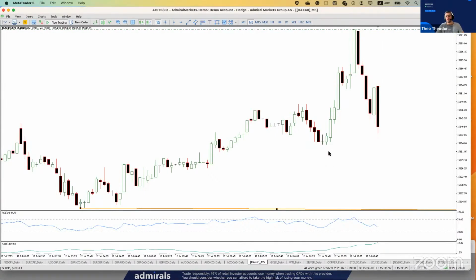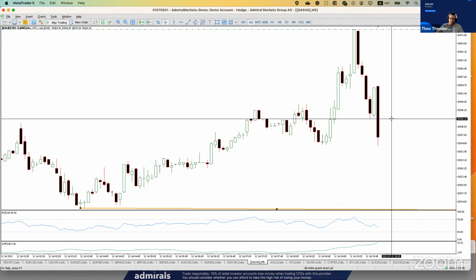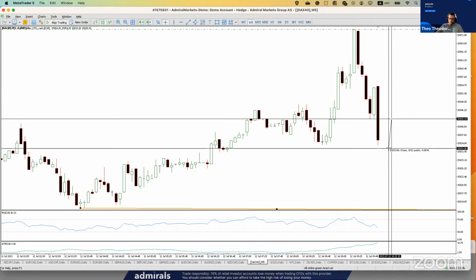10:02. We are looking for the next few candles. It looks like that trade played over.